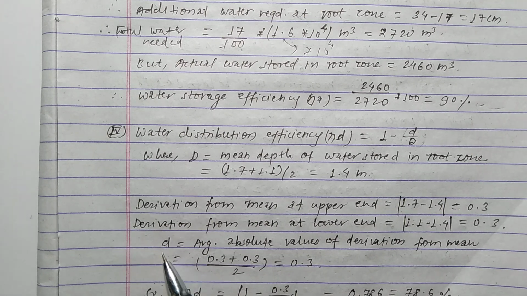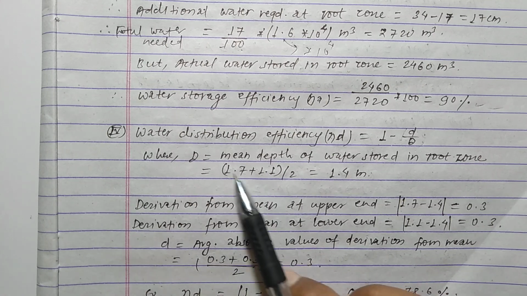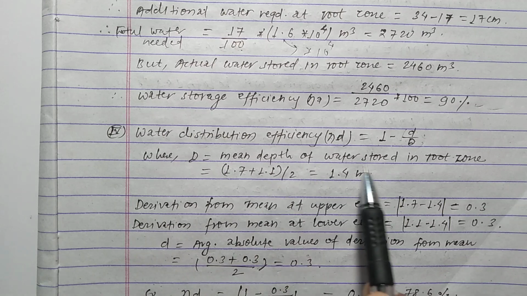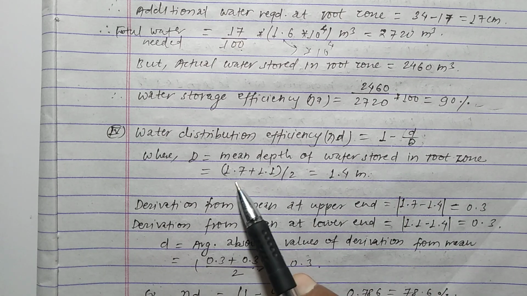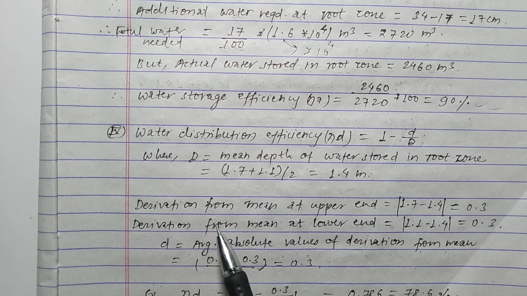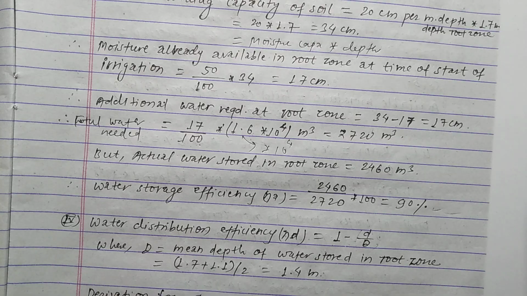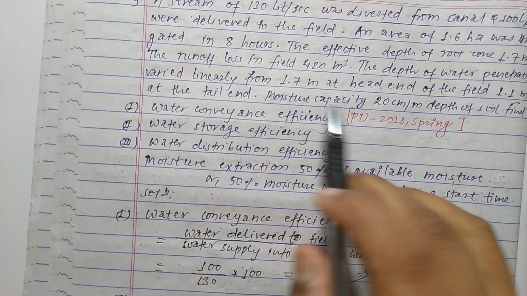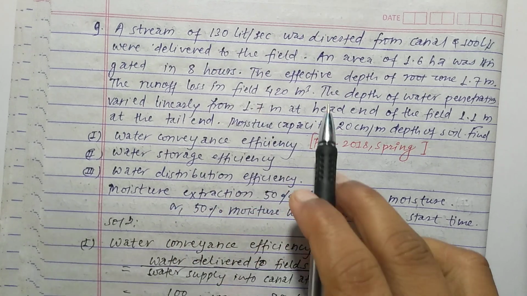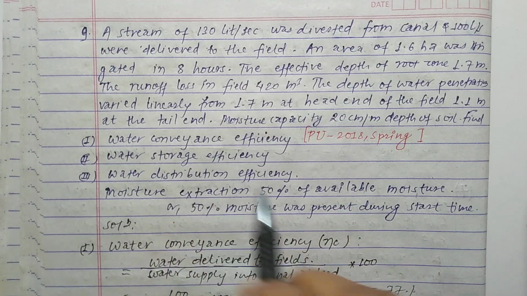The value of small d can be calculated by first calculating the mean value. Capital D is also calculated with the help of the mean depth of water stored in the root zone. So we have 1.7 plus 1.1 by 2, and 1.7 is already given in the question. In the question, the depth of water penetration varies linearly from 1.7 meter at the head end of the field to 1.1 meter at the tail end.